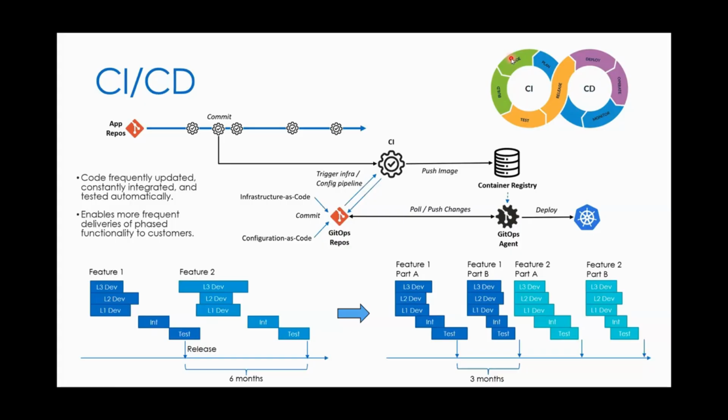The way that's implemented internally, sometimes you hear the term CI/CD pipeline. The idea is that in the Git world, you have your application repos, which are really just software tracks.